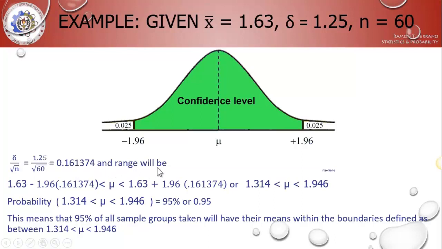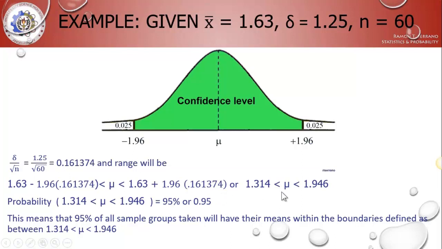0.161374. And so our range or the confidence interval will be from our mean of 1.63 minus the z-value of 1.96 multiplied by this 0.161374. And then on the right side, we add 1.96 multiplied by 0.161374.